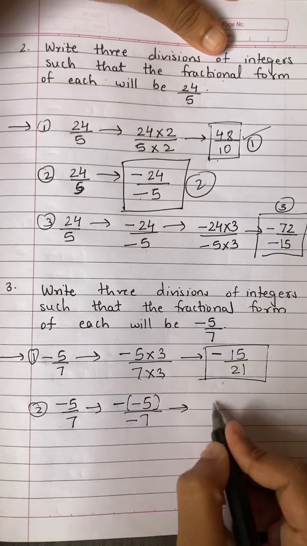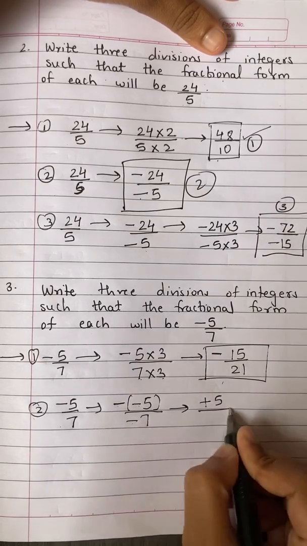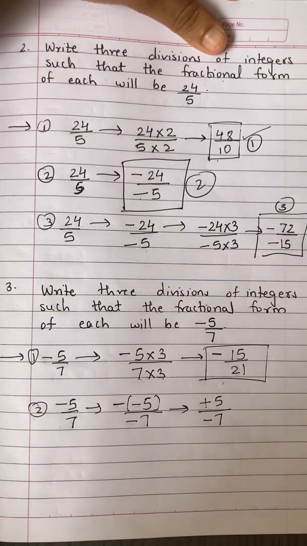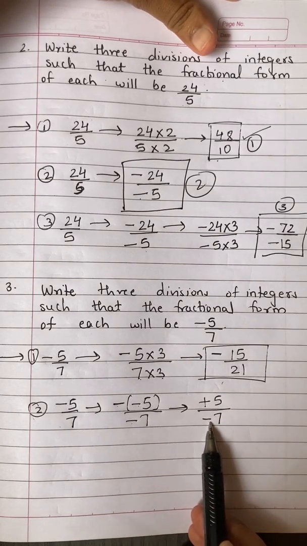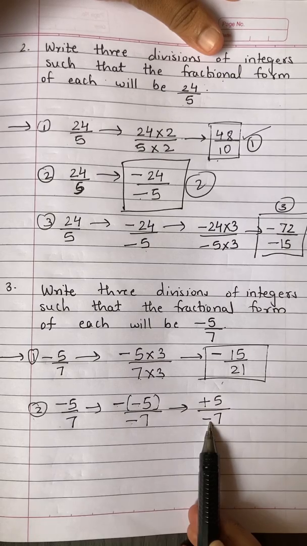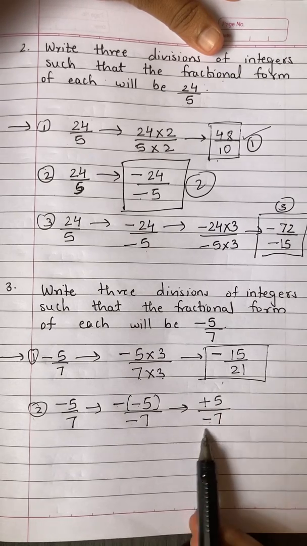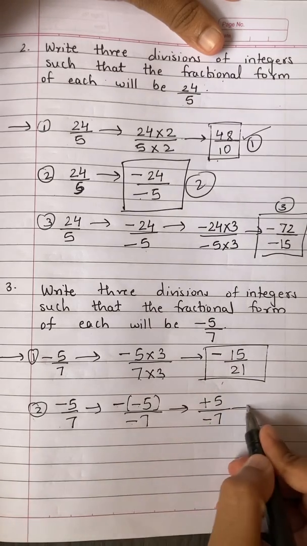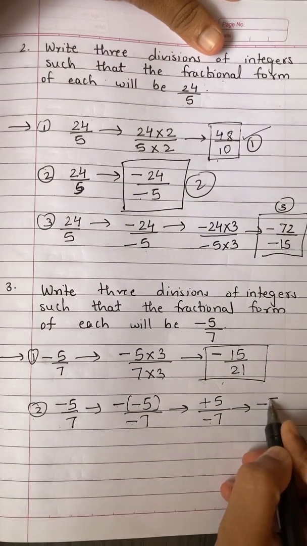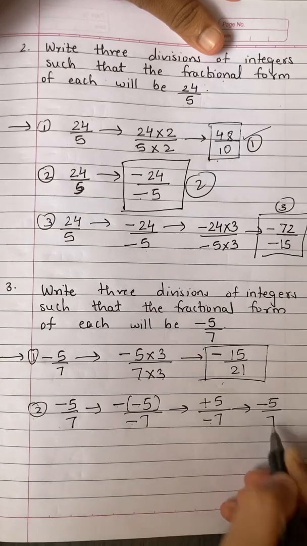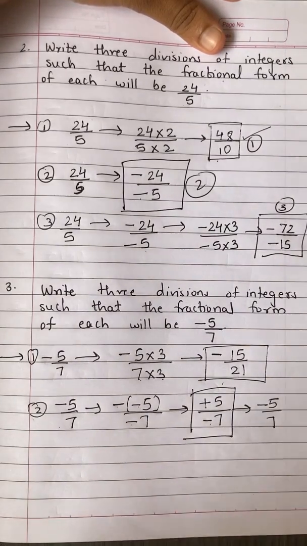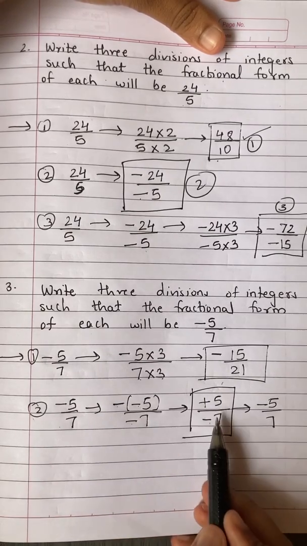So the numerator will be plus 5 upon minus 7. Whenever there is minus sign in the denominator, what do we have to do? We should never keep minus sign in the denominator. So we shift it up, and we get the answer as minus 5 upon 7. You can keep this answer also, because we have changed the sign and we have got this answer.